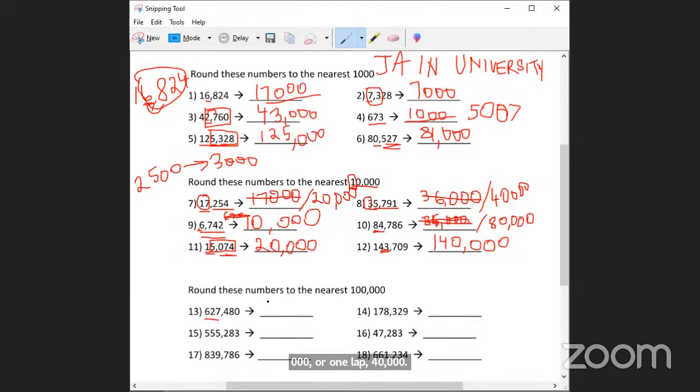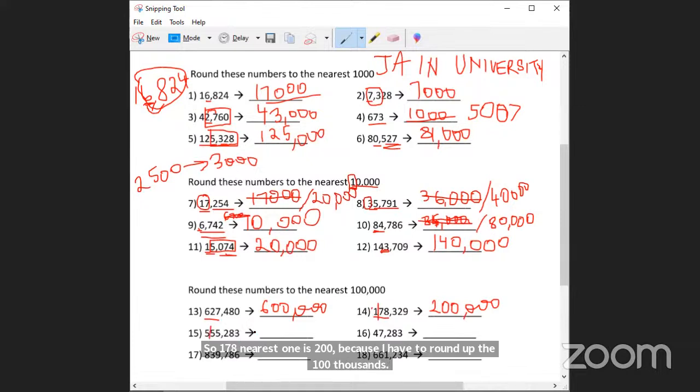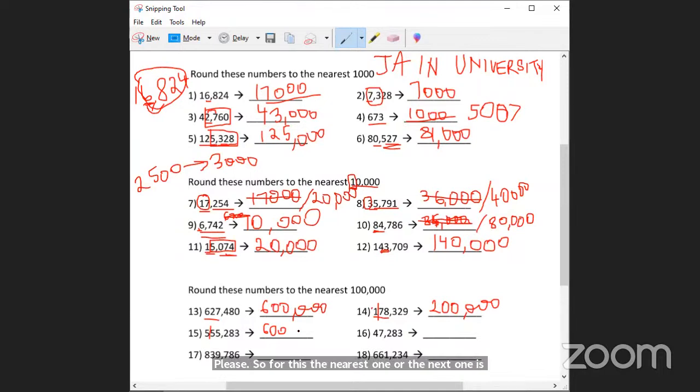And next 627, the nearest one is 600. So this is in the 100,000 place. So 178, nearest one is 200. Because I have to round off the 100,000 place. So for this, the nearest one or the next one is 600. Okay, next 47.